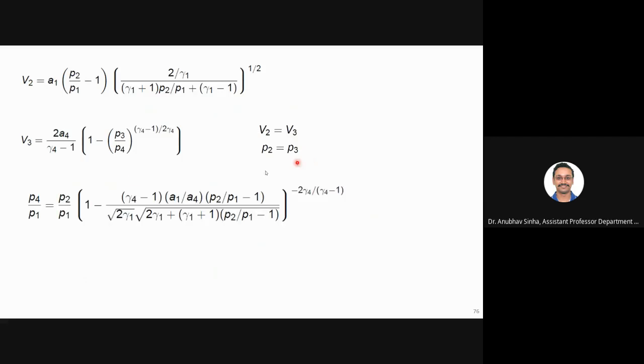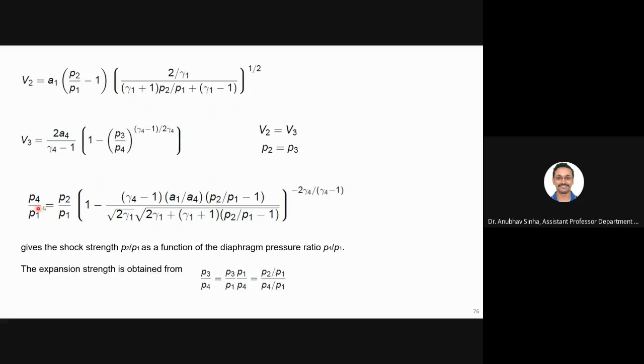So using that, I can also derive a ratio for P4 by P1 in terms of P2 by P1. This is what we initially planned. That was the objective, that shock strength can be obtained as a function of P4 by P1.